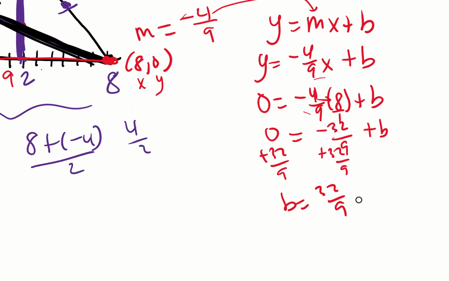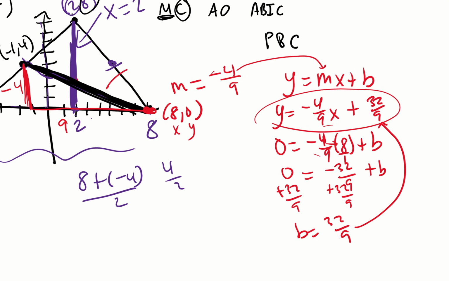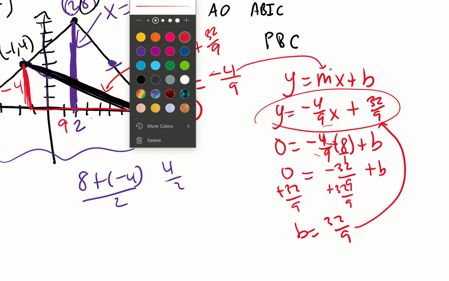Okay, so we have our equation because we can plug it in here, and this is going to be 32 over 9. All right, so we got that equation. What next? We want to use x equals 2 with it, right?